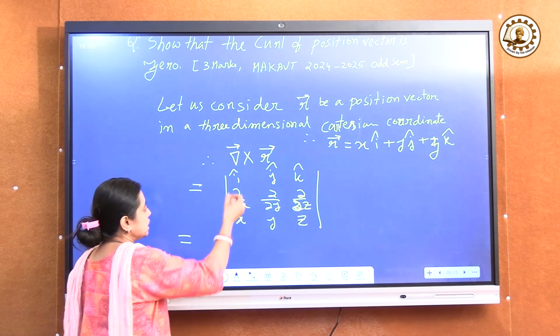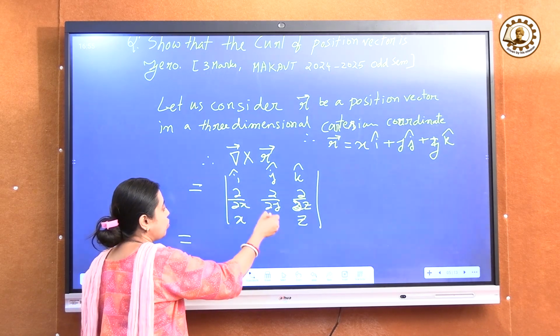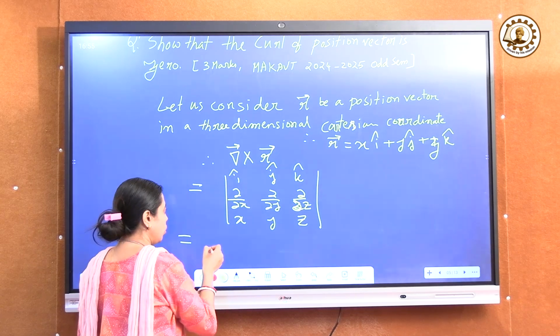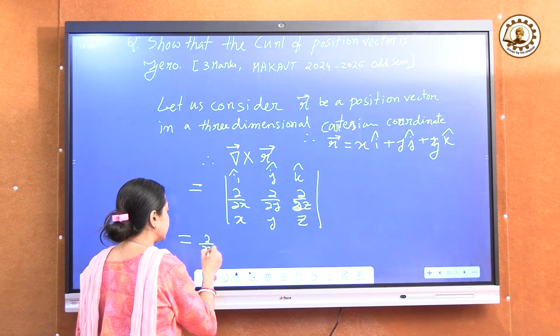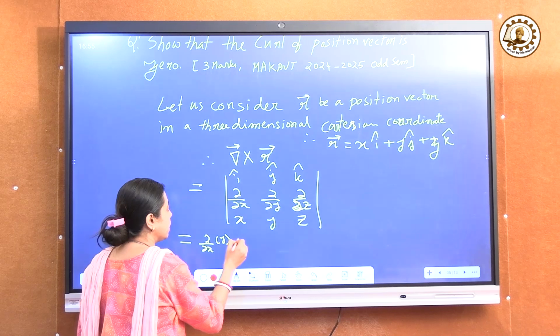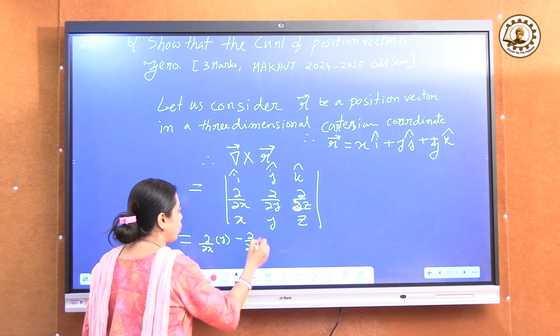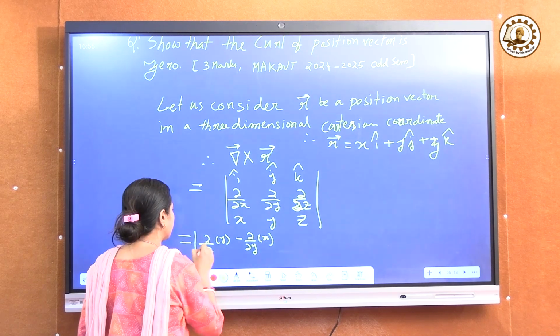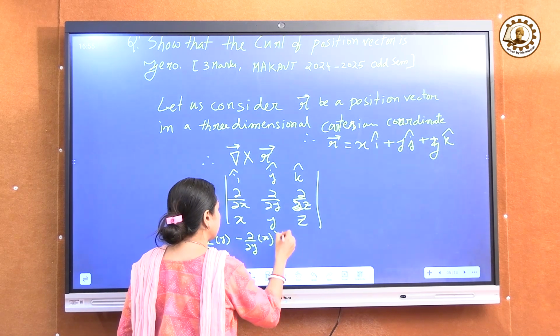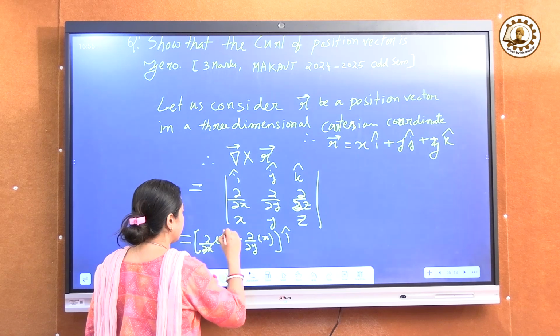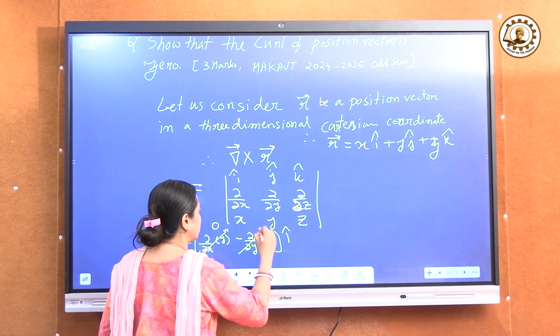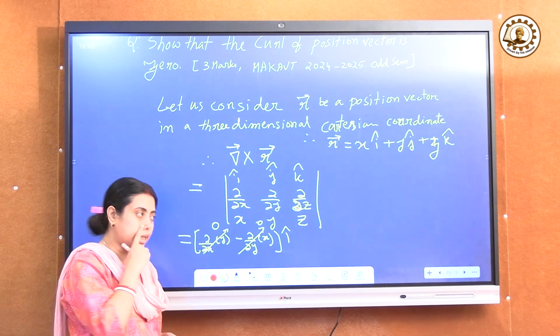So del x of y will become 0. If you write del x of y minus del y of x, this will become equal to 0 for all the cases.